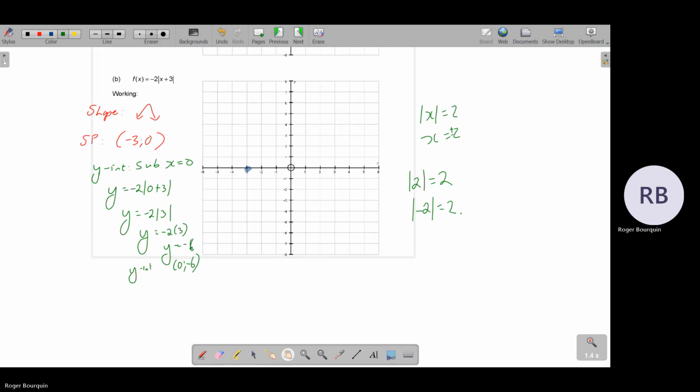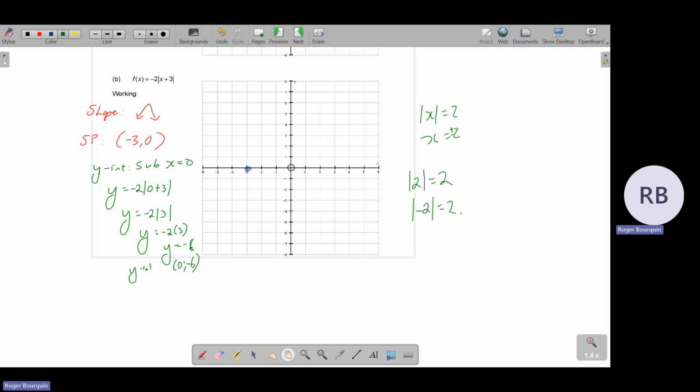I get the solutions and we draw this out. Normally, I ask you this question in grade 10: determine the coordinates of the intercepts. First question. Hence, sketch the graph.